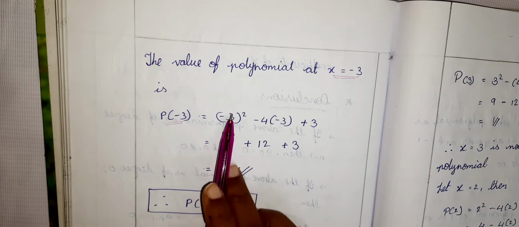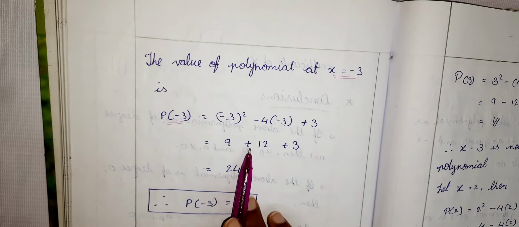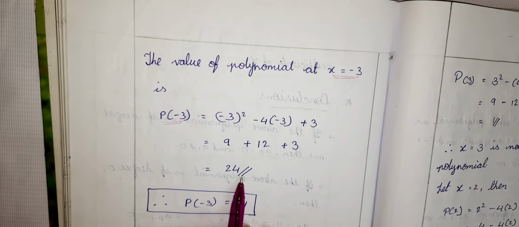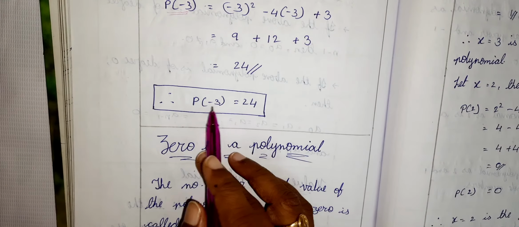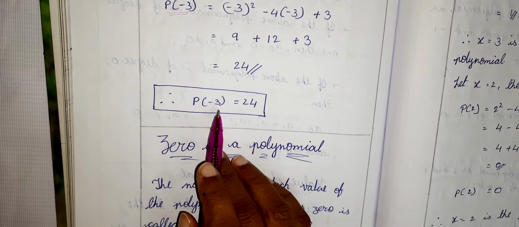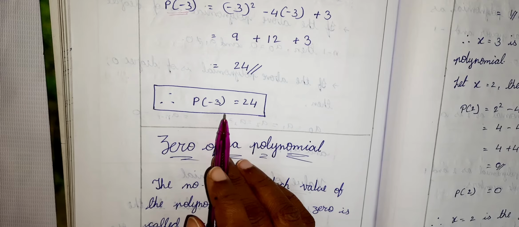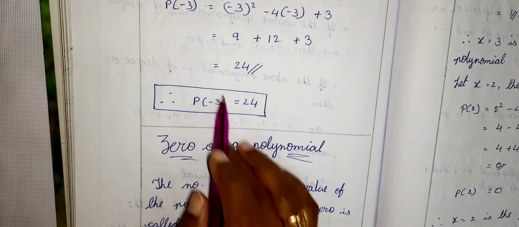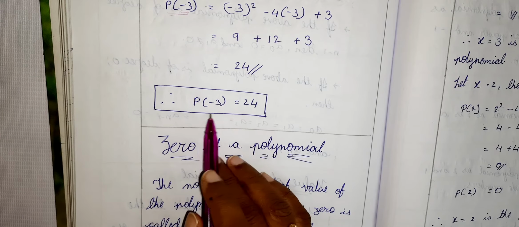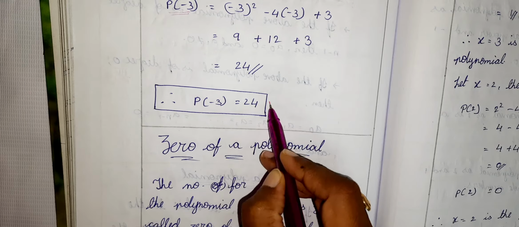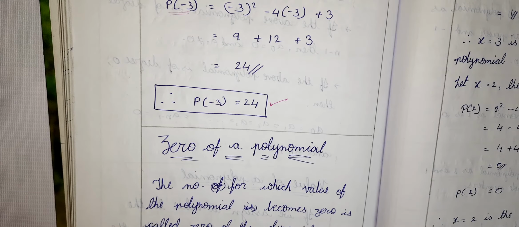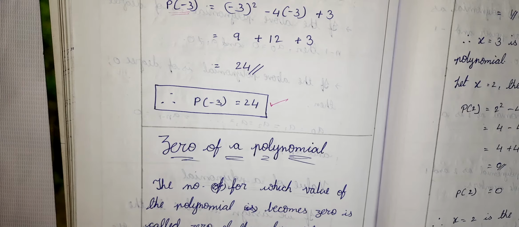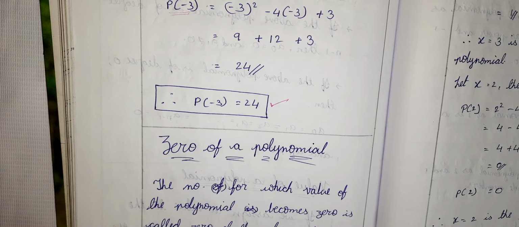Now you know how to solve that: 9 plus 12 plus 3, which is 24. So the value of the polynomial x square minus 4x plus 3 for the value minus 3 is p of minus 3. We write it as p of minus 3 is equal to 24. This is how we give the value to a polynomial. Yes, very important.